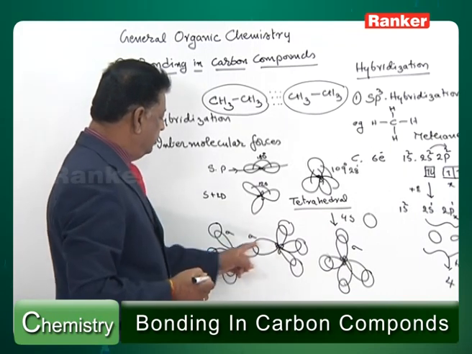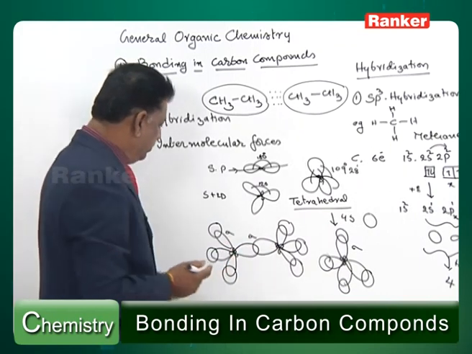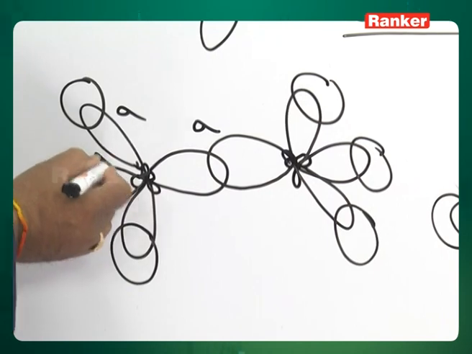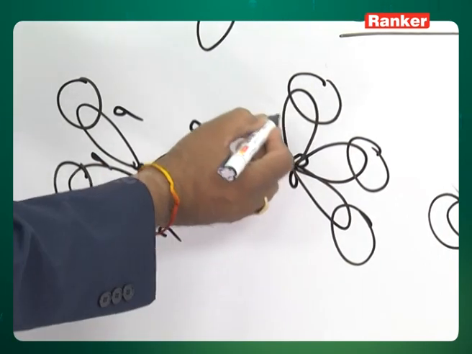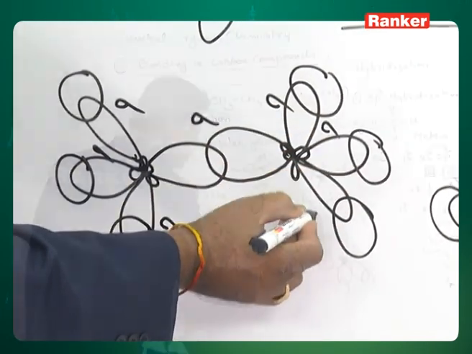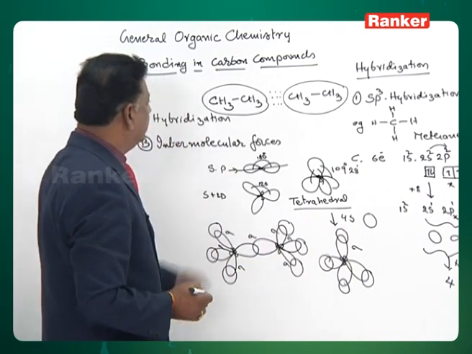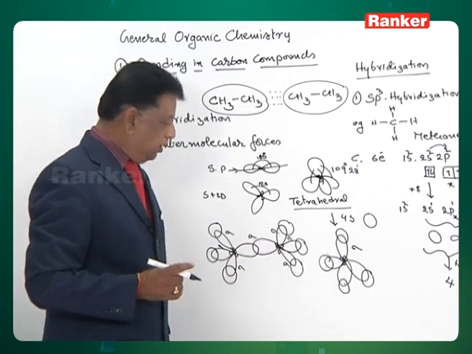Net is between carbon and carbon 1 sigma bond, and with three hydrogens this side 3 sigma, that side 3 sigma, total 7 sigma bonds are existing in the ethane molecule.